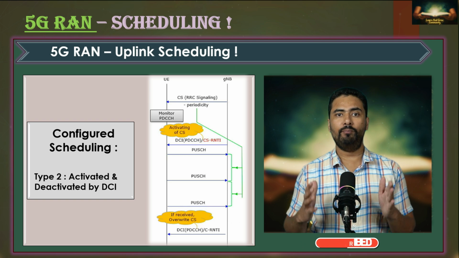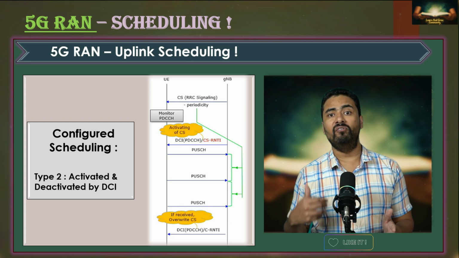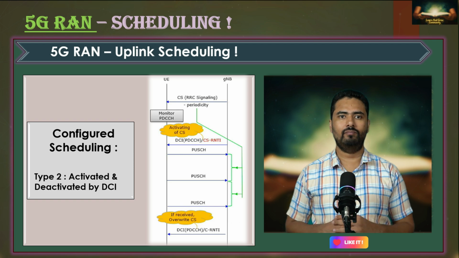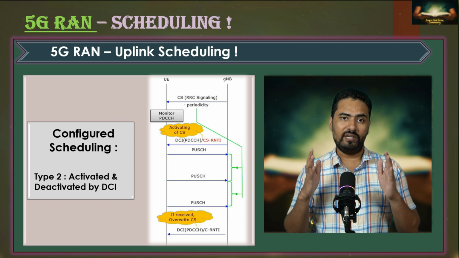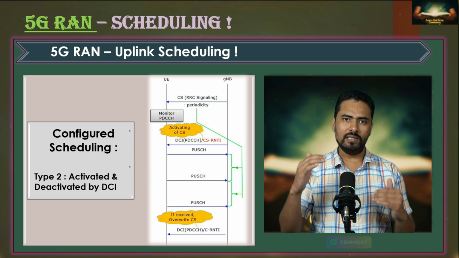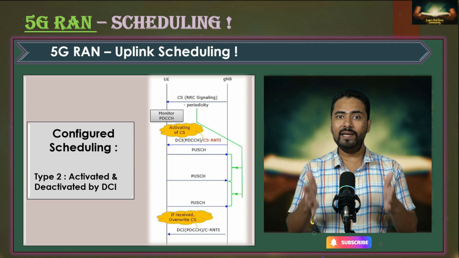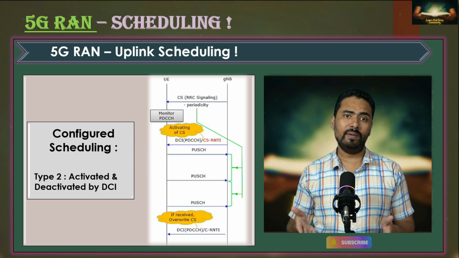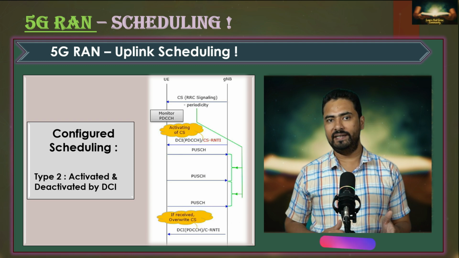In such cases, periodic resource allocations could lead to inefficiencies and waste network resources. So this brings us to the type 2 configured grant. With type 2, uplink resources are still granted periodically, just like we discussed in type 1. But now in type 2, the PDCCH will be used to dynamically activate or deactivate these grants based on need.